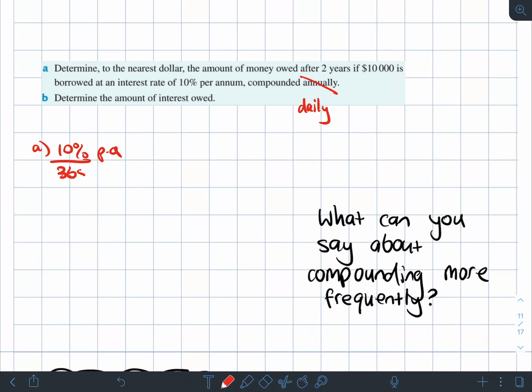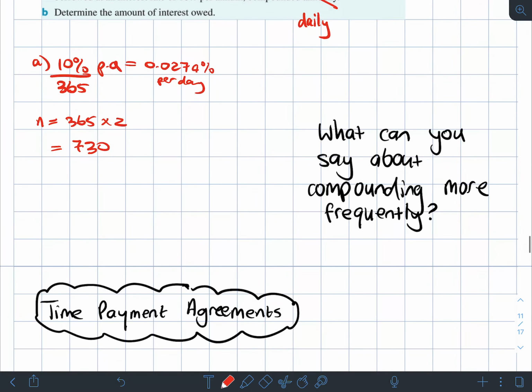Now we divide it by 365 days in a year, which gives us a rather small percentage. And then the number of compounding periods is 365 over 2 years, which is 730 days.